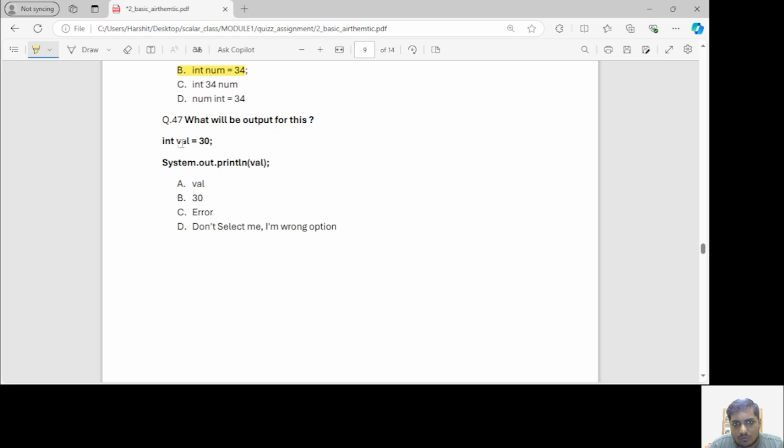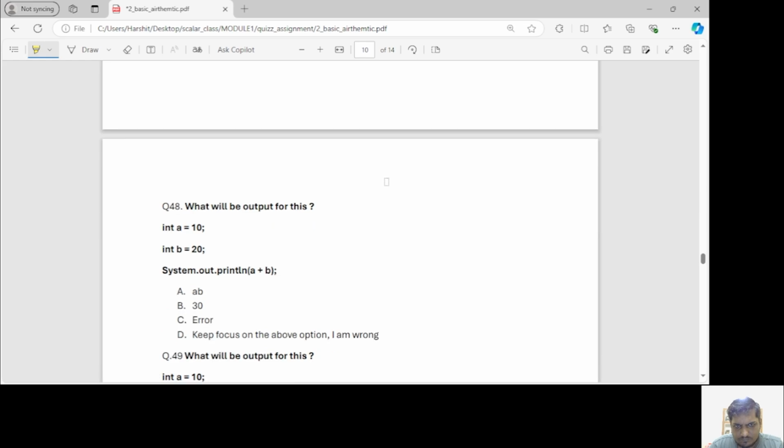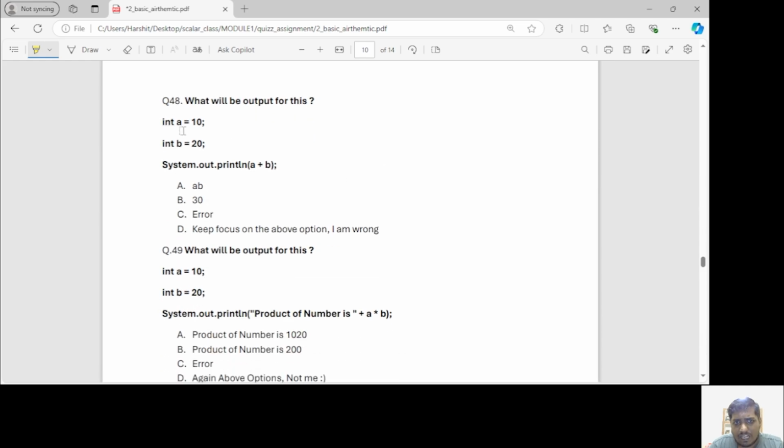What will be the output for this? int val = 30; System.out.println(val) prints 30. If int a is 10, int b is 20, System.out.println(a + b), if we perform the same variable addition, it will print 30 only.